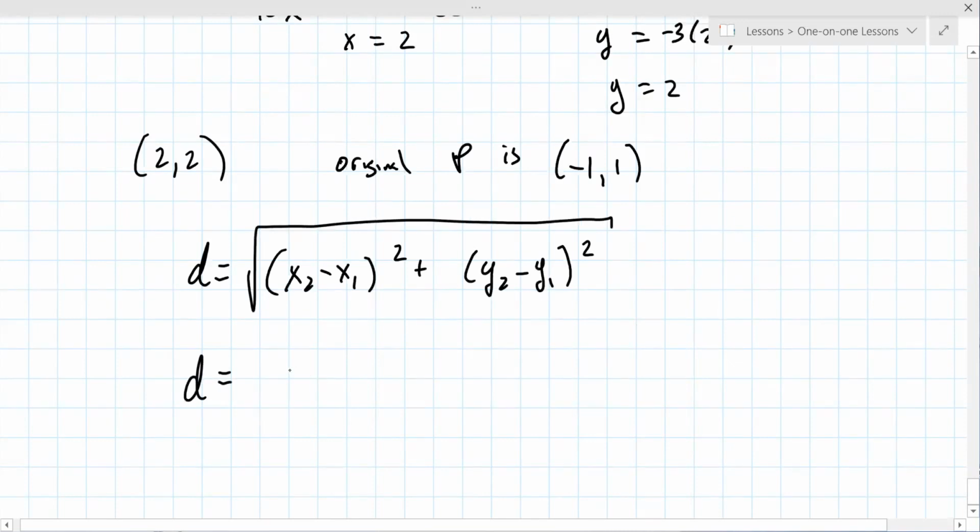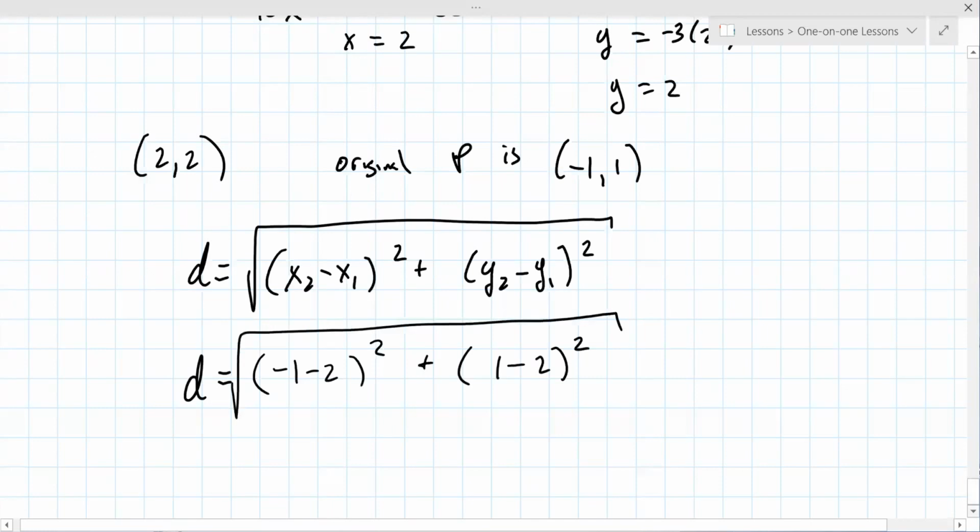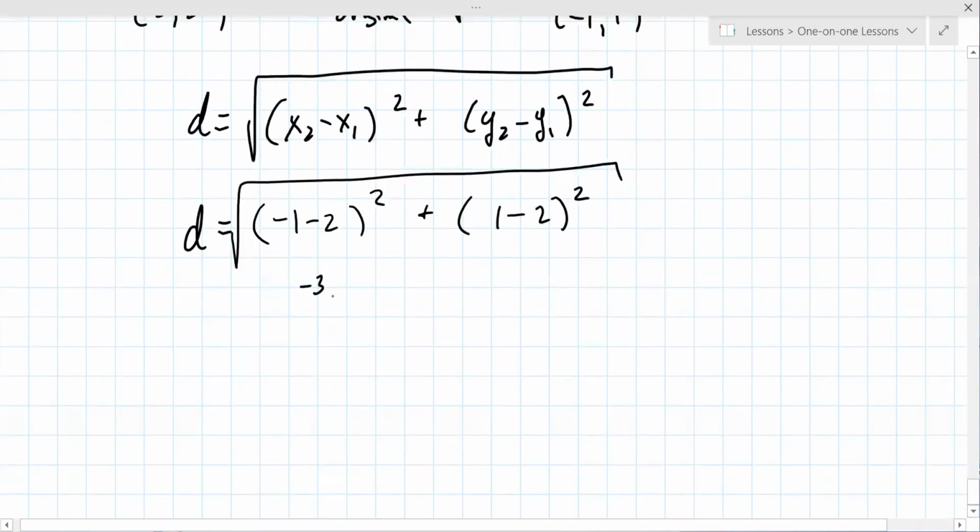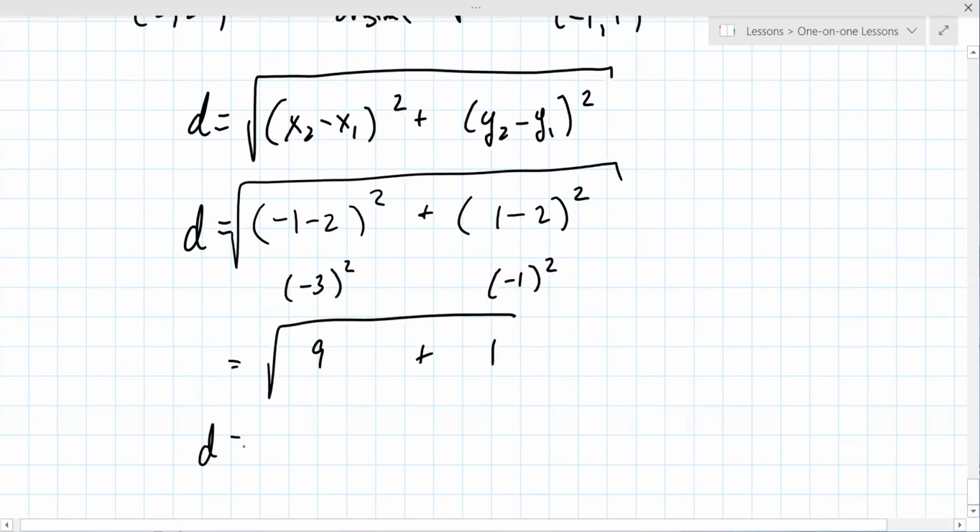So this is negative 1 minus 2 squared plus 1 minus 2 squared, square rooted. So that's negative 3 squared, that's 9, plus negative 1 squared, that's 1. Distance is the square root of 10.